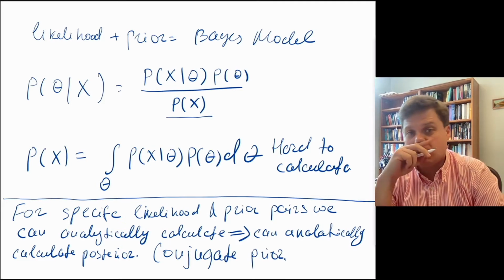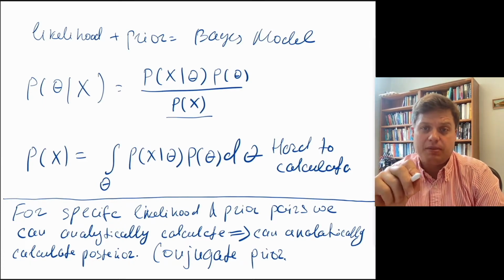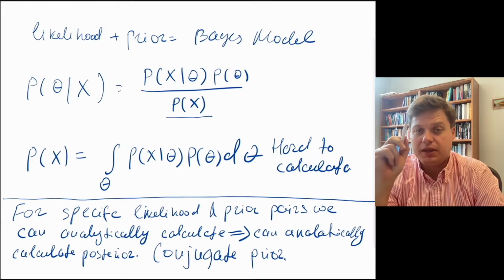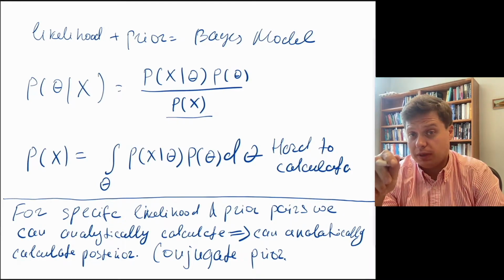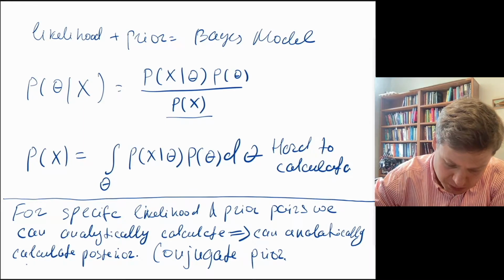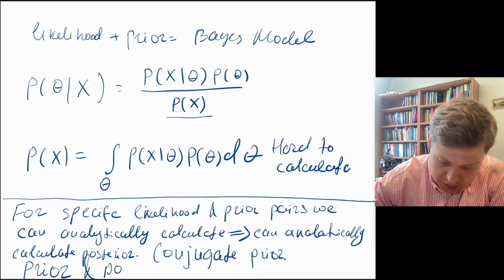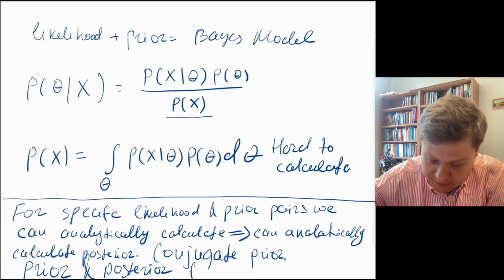And the reason it's called conjugate is because the posterior will be from the same family as the prior itself. So if the prior is normal and it's a conjugate prior, that means the posterior is going to be normal as well. We'll see examples. So prior and posterior will be from the same family.